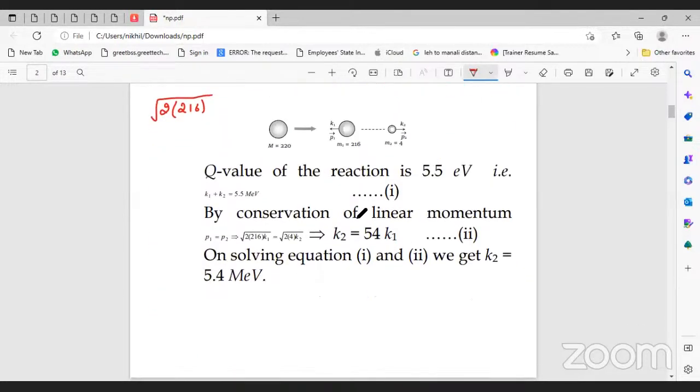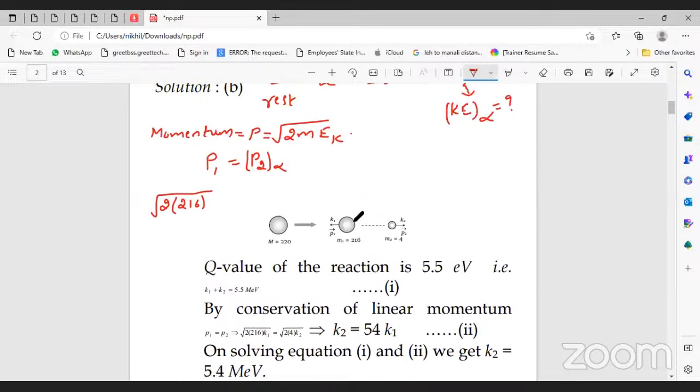So 216 into the kinetic energy K1 is equal to the momentum of the alpha particle, which is 2 into the mass of the alpha particle, that is 4, into the kinetic energy of that particle, that is K2.